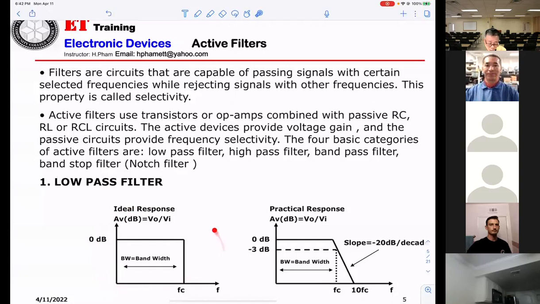This is a low pass filter. This stands for the gain. 0 dB equals what number? One.